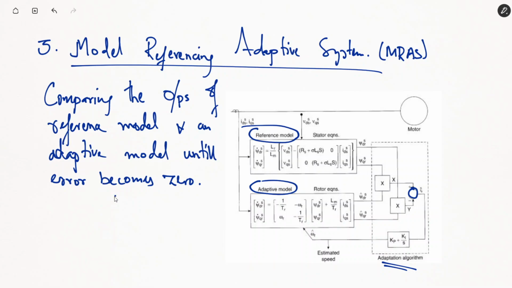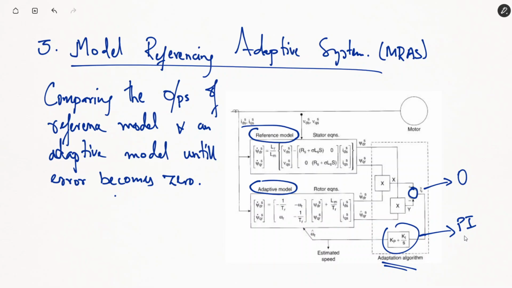Here the adaptation algorithm that we are using employs a PI controller for making sure that the error goes to zero. We are trying to make this error zero, and for that we have used an algorithm, and that algorithm is based upon a PI controller.